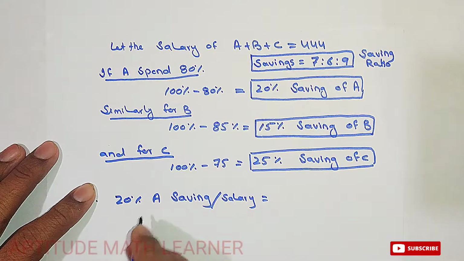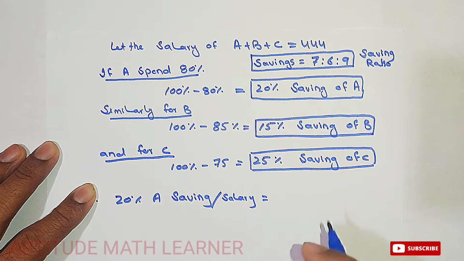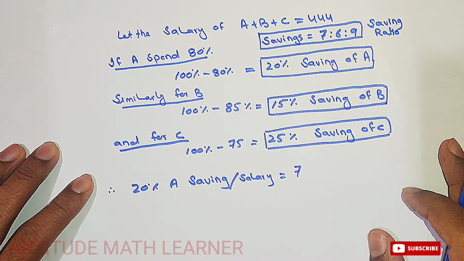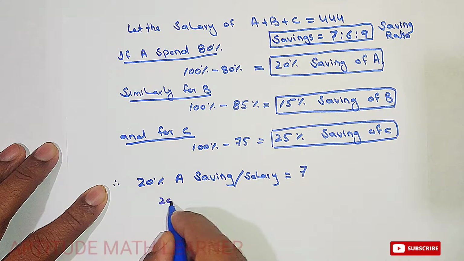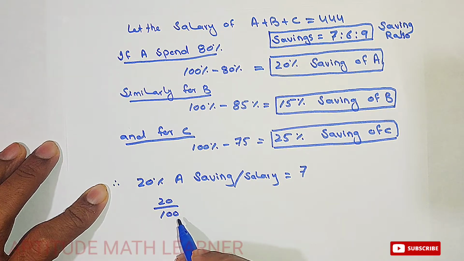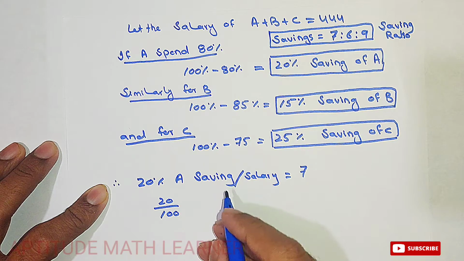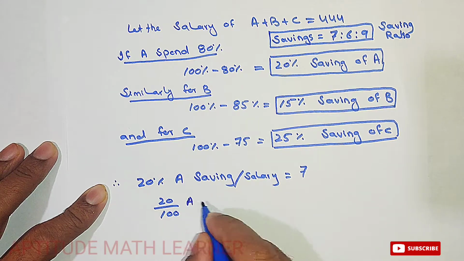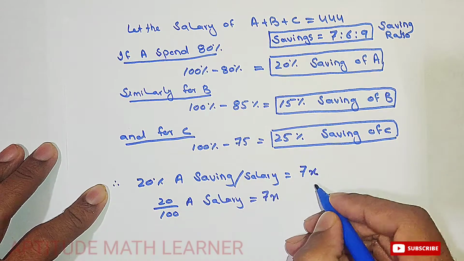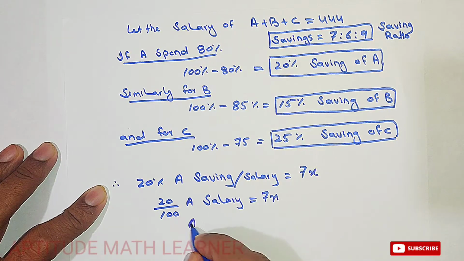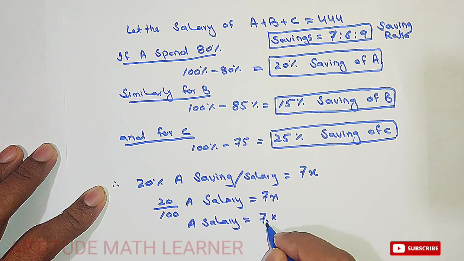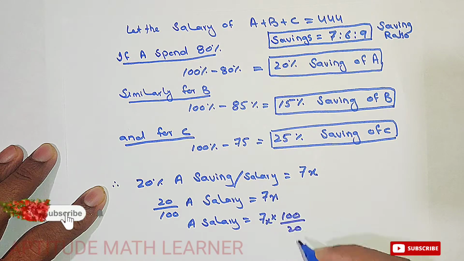So here we get 20% of A's salary in the ratio 7. We take x as the salary. 20% is just 20 divided by 100. So A's salary is 7 multiplied by 100 divided by 20.